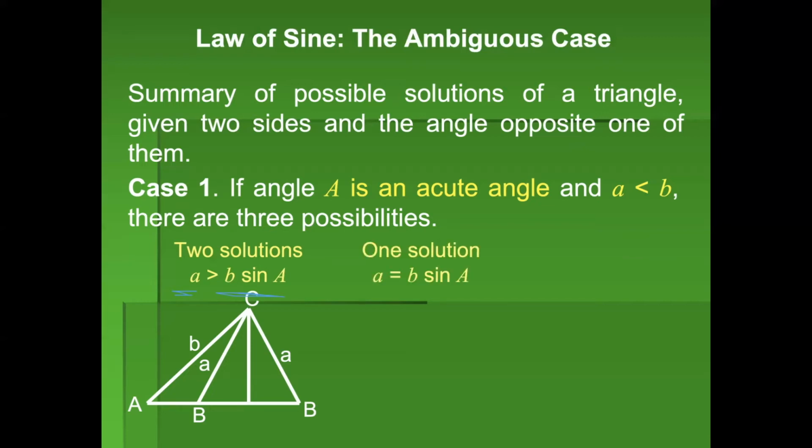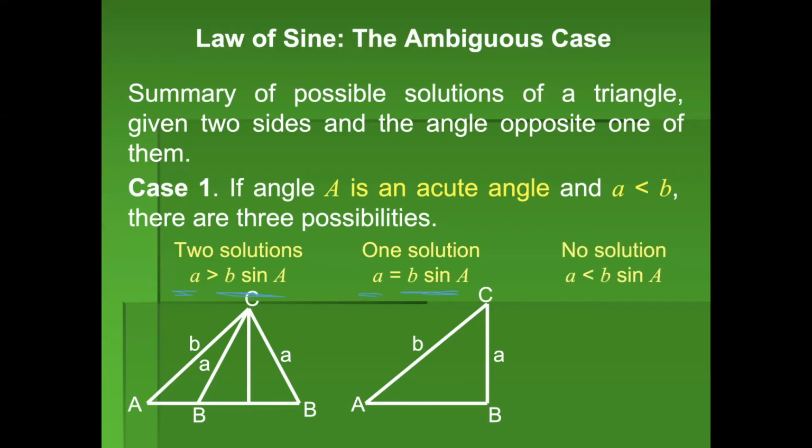Another possibility is that we have one solution. In this case, the value of b sine A is equal to the side opposite the given angle. So in that case, we only have one triangle that we can form. And lastly, there is no solution.